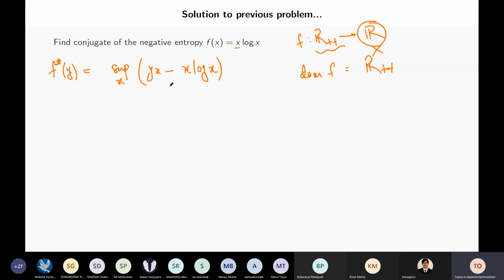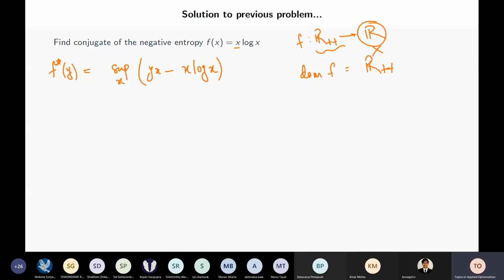And so what are the cases we have, right? Is it bounded above on R plus? That's what we are trying to say. Is it bounded above on R plus for all y?